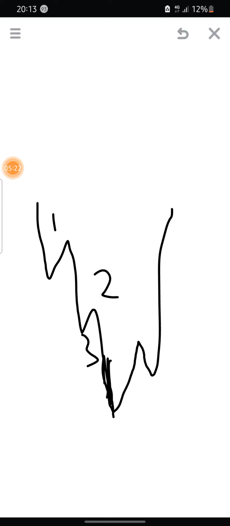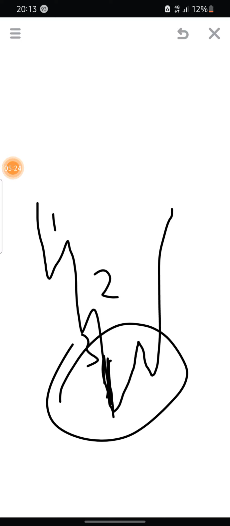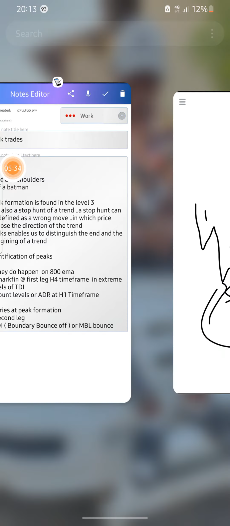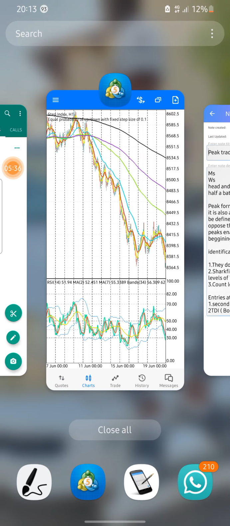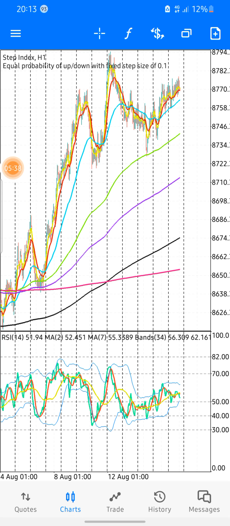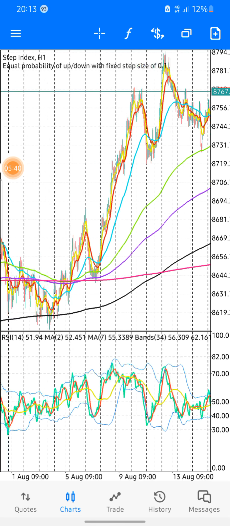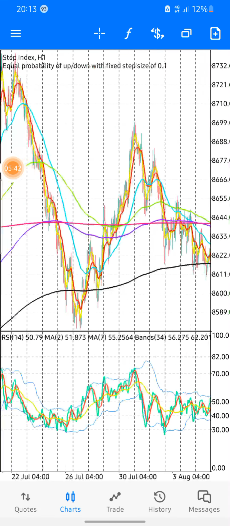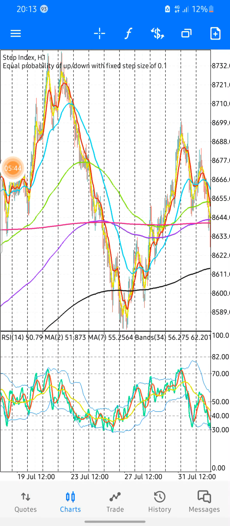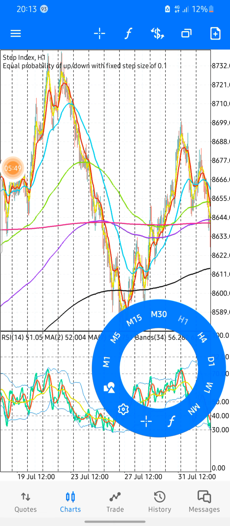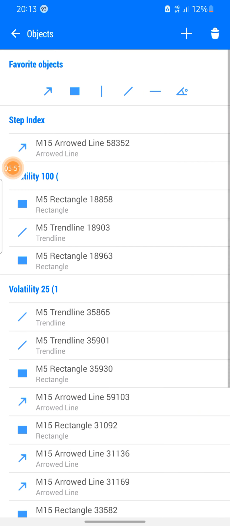So you should be familiar with these types of patterns that the market displays to you. So we might jump into real charts and try to look for some of these things. Let me see. Right, I will try to use some arrows so that you can see what I'm talking about.